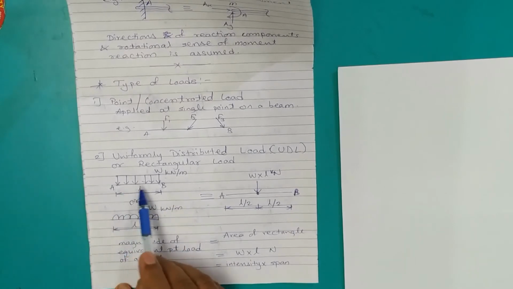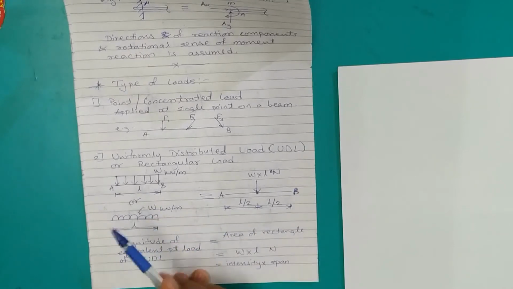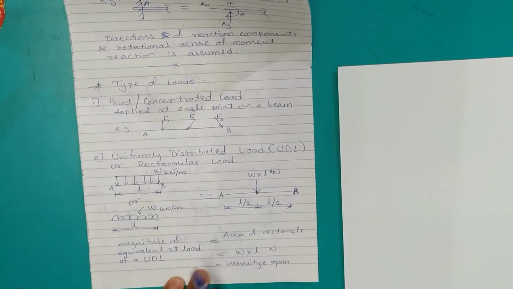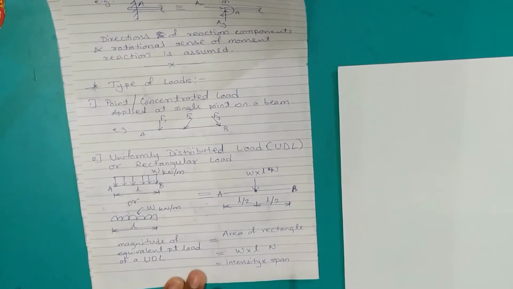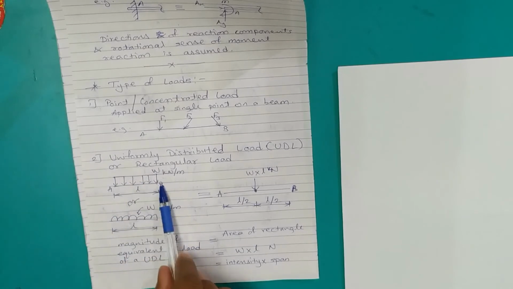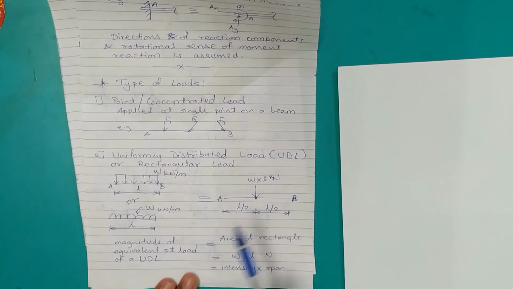So in our numericals, we will have to convert the given uniformly distributed load into its equivalent point load. That means if we remove the entire band of this loading, and instead of that we just show a single point load, that is called the equivalent point load.